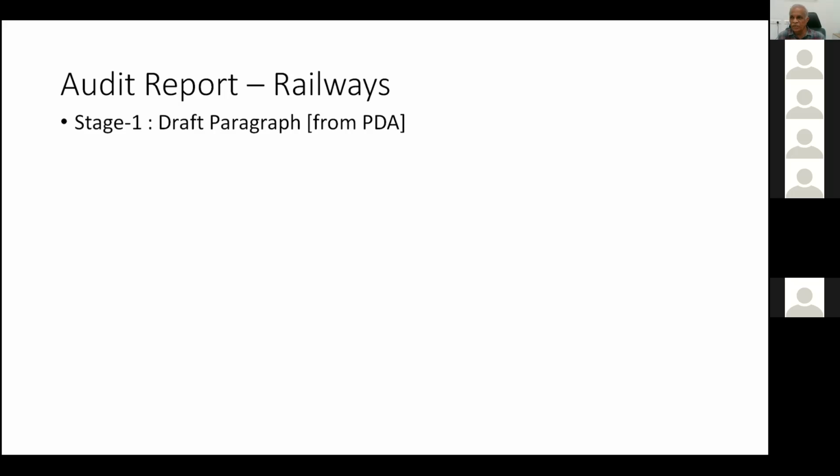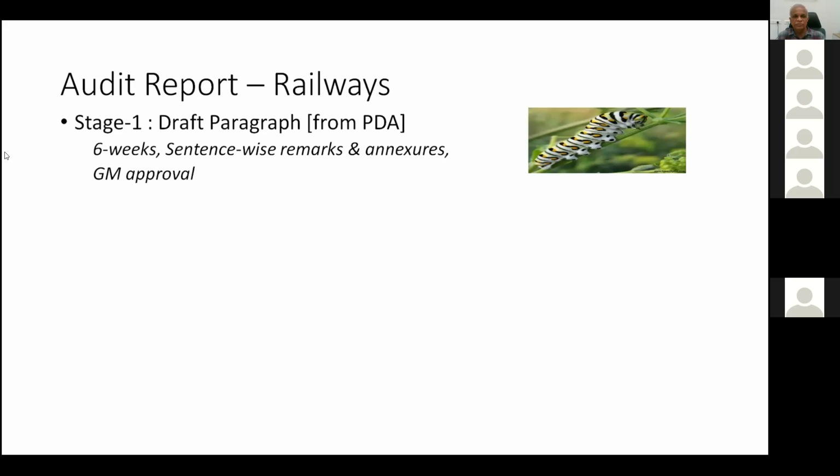Then this draft paragraph will come from PDA, and the reply is not something that can be given just like a special letter or an audit inspection report part 1 or part 2 or audit note. It is specifically designed in such a way that we have to give reply.